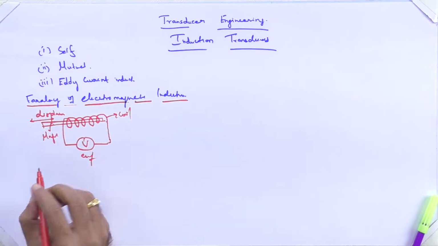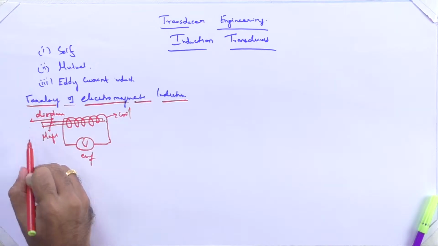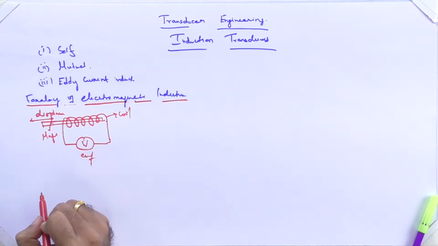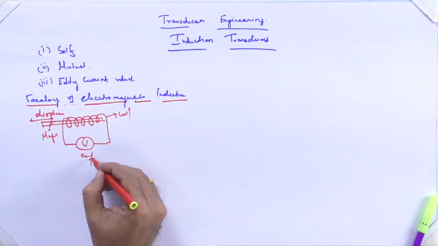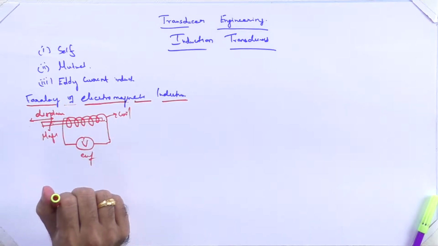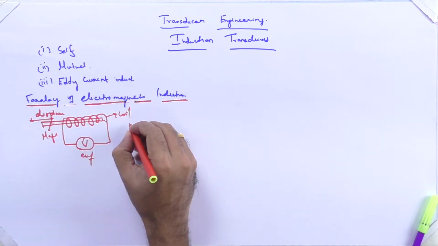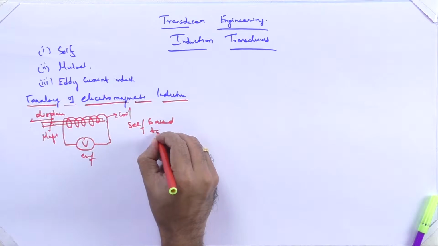When you go in and out of the coil, there is a directly proportional change in EMF. The more you come out, the lower the EMF, and the more you go in, the higher the EMF. So that is the law of the self-induction based transducers.